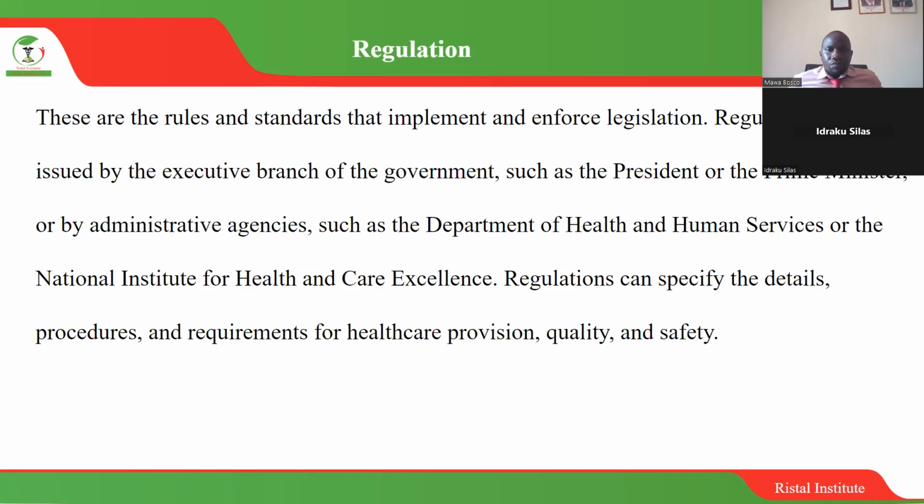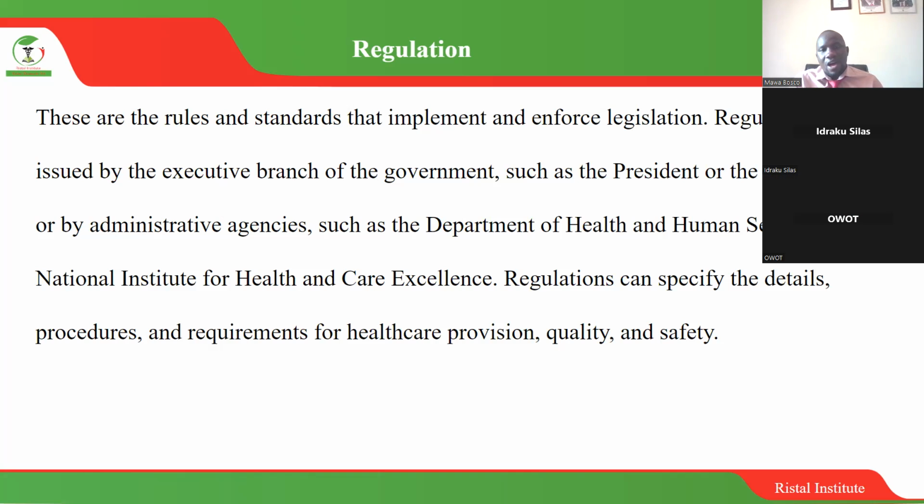And then we have the rules and standards that implement and enforce the regulation, okay, or the legislation. So if the legislative arm puts down the policies, then you have other arms of the government that are very important in ensuring that these policies are actually put in place.